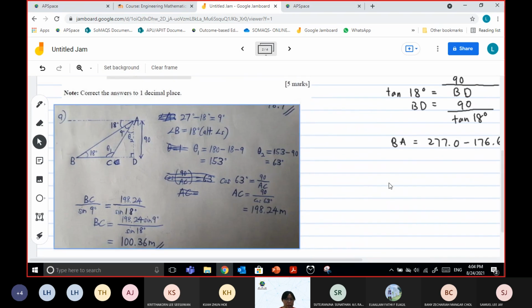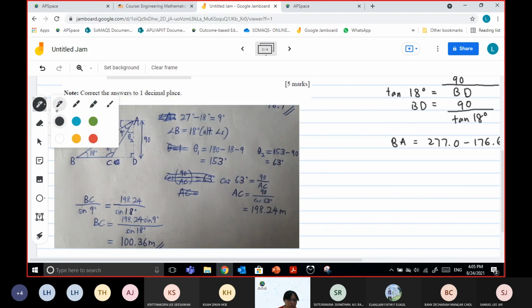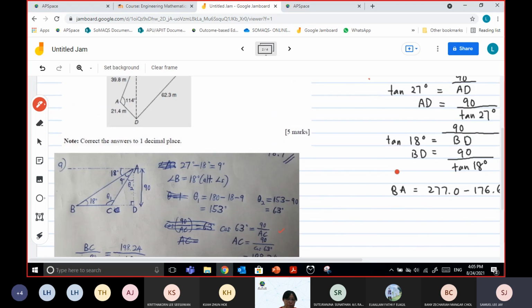So you mean start from angle 63, is it? Cos 63 here. Yes. Then after that, follow at the bottom, 153 minus 90. So where is the cos 63? Just above the word AC, where you see the tick. That's my first working. The second working is the sine rule at the bottom.